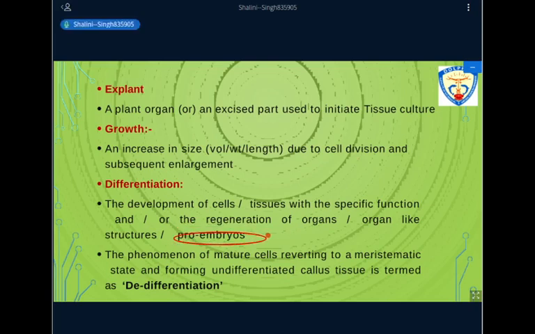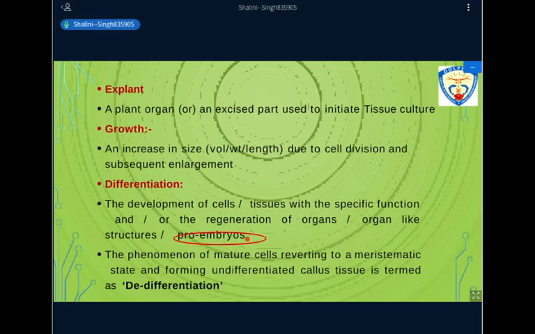these pro-embryos, so when you are converting these cells into embryo-like structures, what is the embryo's function? It is present in the seed, and when you are making a plant from that seed, that means you are sowing the seed into the soil. So the embryo will germinate, and this embryo has two parts. One is plumule and the other is radicle. Plumule takes part in shoot development and radicle takes part in root development.